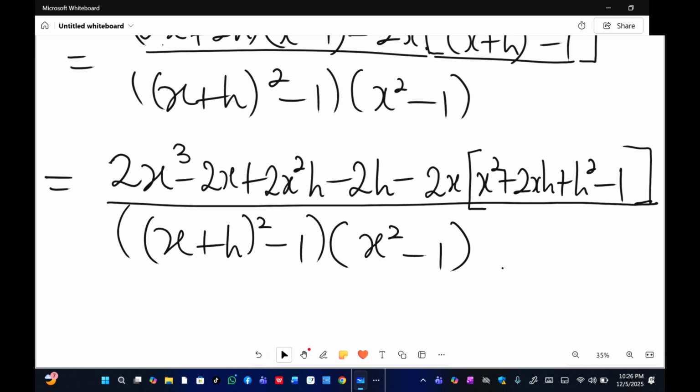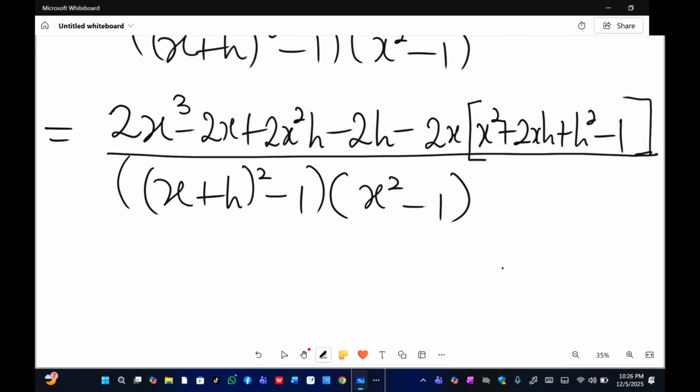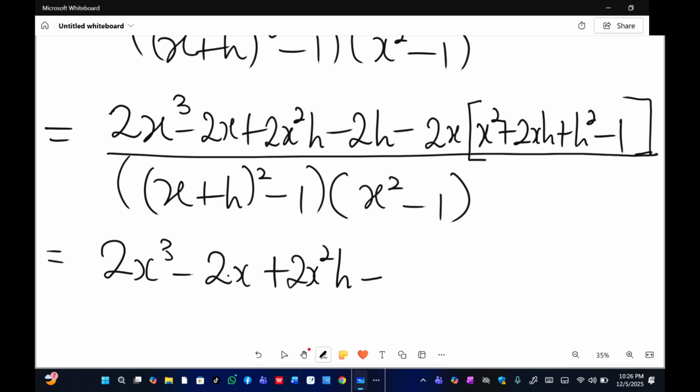Right. So let us continue to simplify the numerator. We are getting 2x cubed minus 2x plus 2x squared h minus 2h. Then let us expand this bracket.